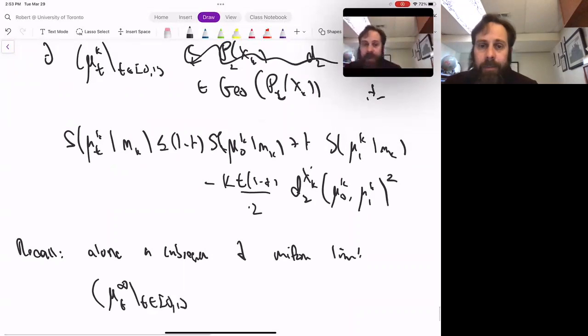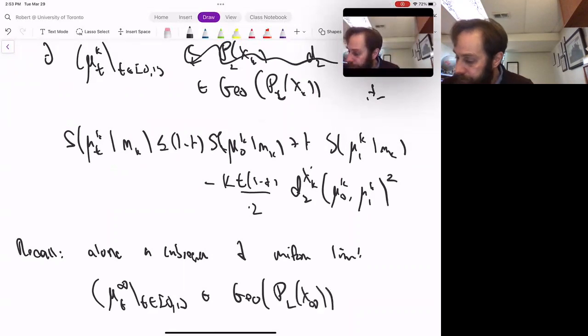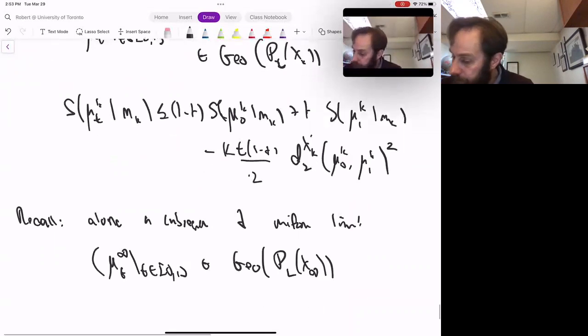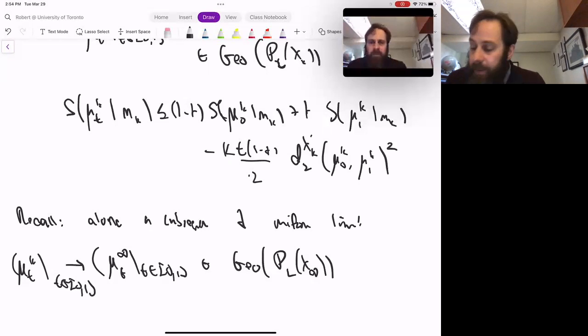And moreover, that limit is a geodesic in the limiting space P2 of x infinity. That's what our proposition and lemma showed, or corollary.